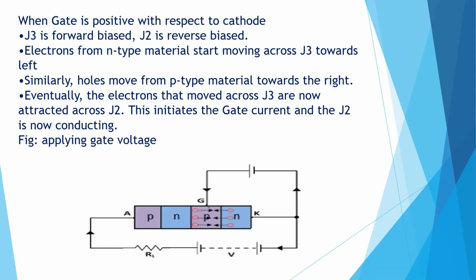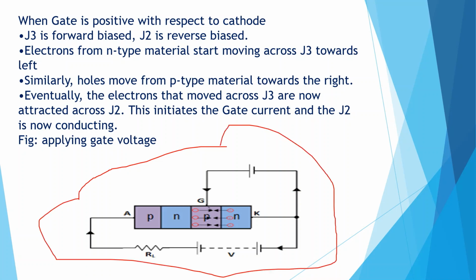In the second case, when gate is positive with respect to the cathode, we can see J3. This is as shown in the figure which has been drawn. You can see that gate is connected to positive with respect to the cathode. So J3 is forward bias and J2 is reverse bias.